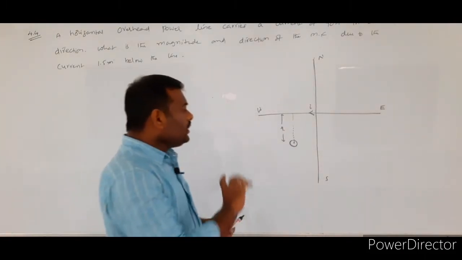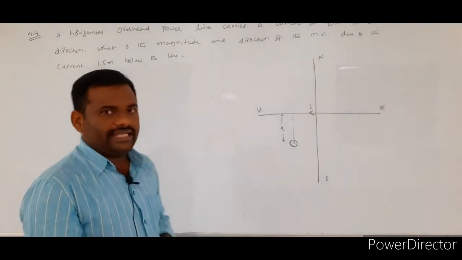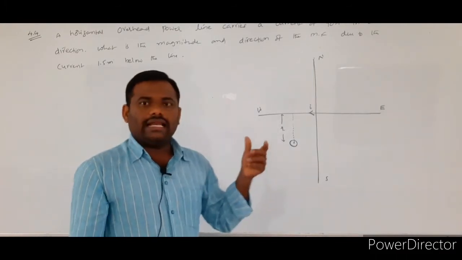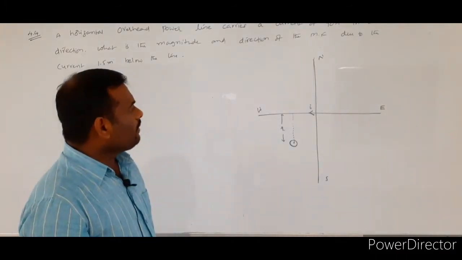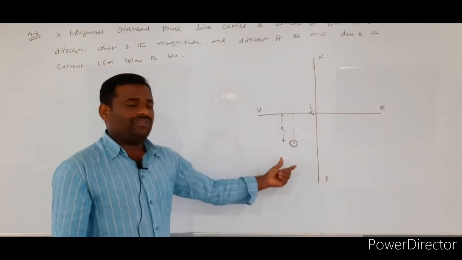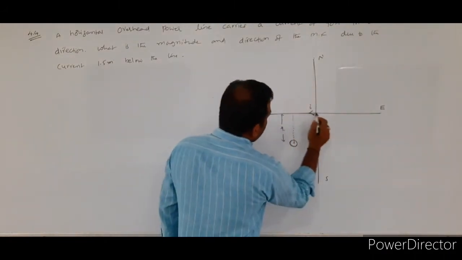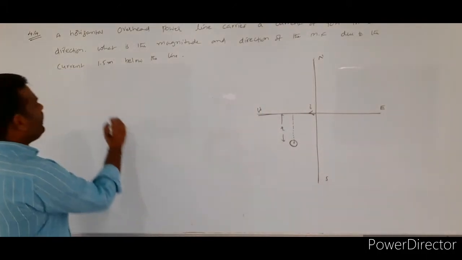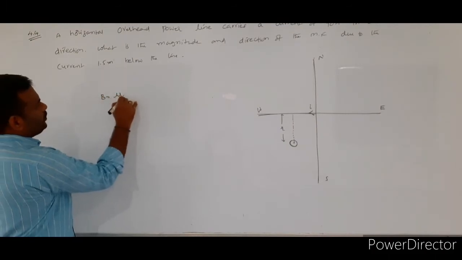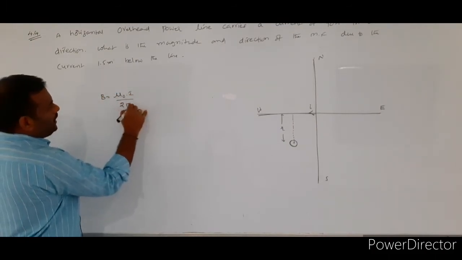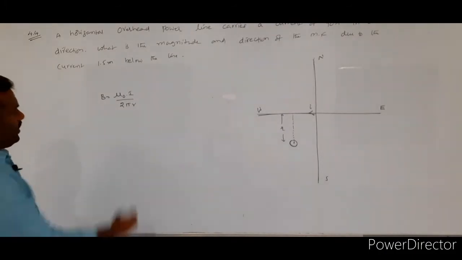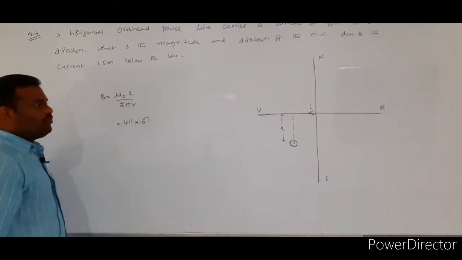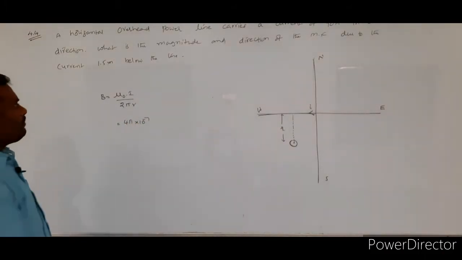Now, to find the direction of the magnetic field, again we have to follow the right hand thumb rule. First we will calculate the magnitude of the field intensity. This is a straight current carrying conductor and the perpendicular distance is small r. Again the formula: the magnetic field intensity B is equal to mu naught I by 2 pi r. Mu naught value is 4 pi into 10 power minus 7.